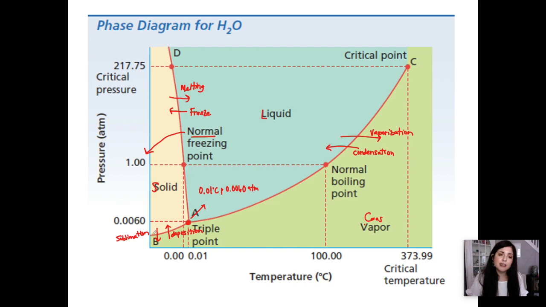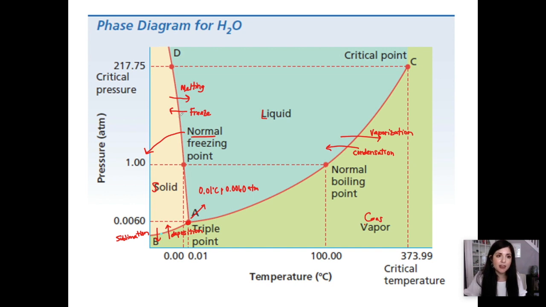Anywhere along these lines, you have those two states of matter that coexist. So here, if I'm at these conditions, let's do this in a different color. If I'm at these conditions right on that line, I would have a solid and a gas coexisting in the same container.